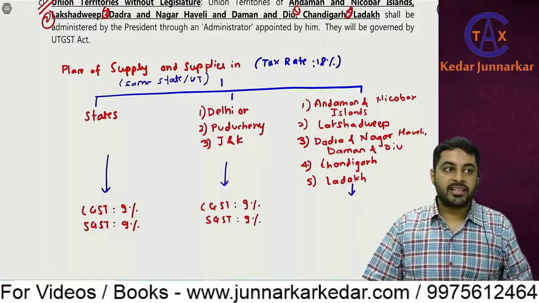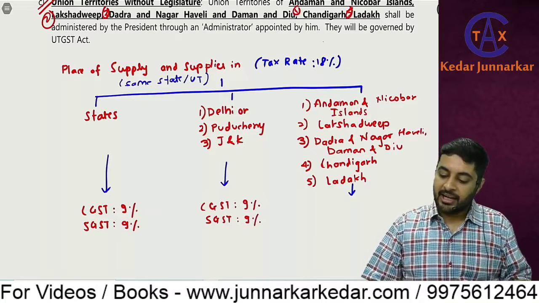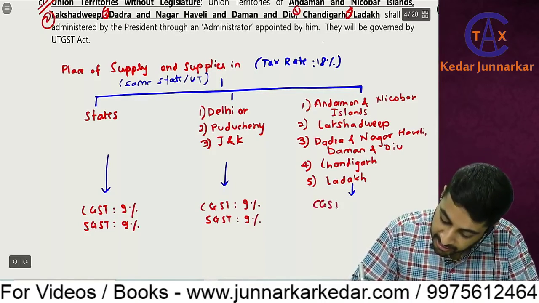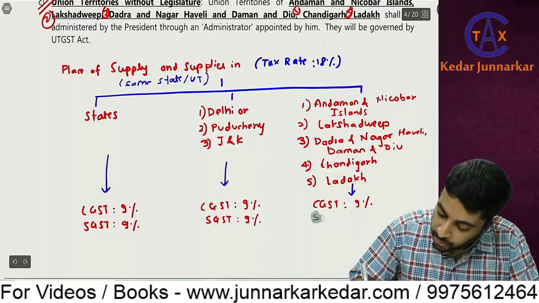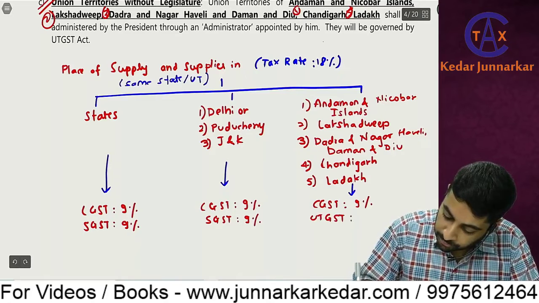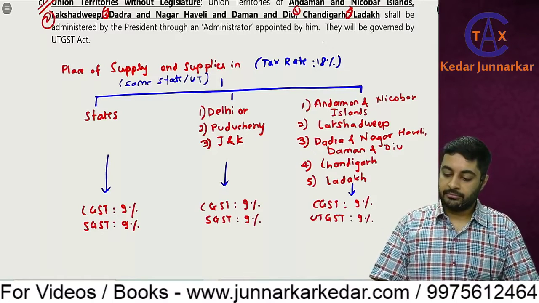And if the transaction is in Andaman and Nicobar Islands, Lakshadweep, Dadra and Nagar Haveli, Daman and Diu, Chandigarh or Ladakh, then CGST 9% and UTGST 9%.